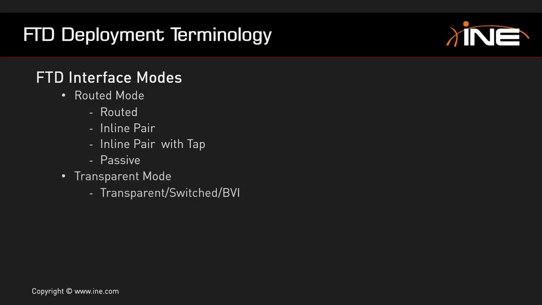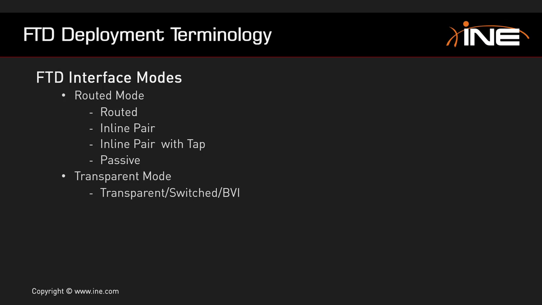Now, when you go for the transparent operational mode, or just transparent firewall mode, it means that you will be able to deploy your interfaces as switched ports, BVIs, or transparent ports. These three terms essentially refer to the same thing.